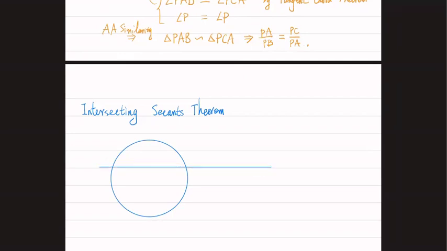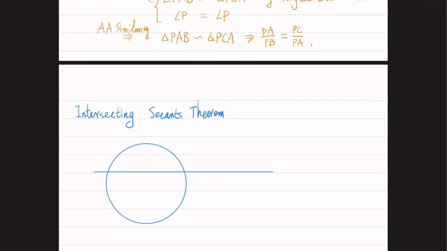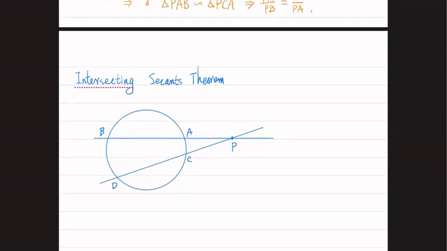One, okay, two. I will label the points A, B, C, D. The theorem now becomes PA times PB equals PC times PD.